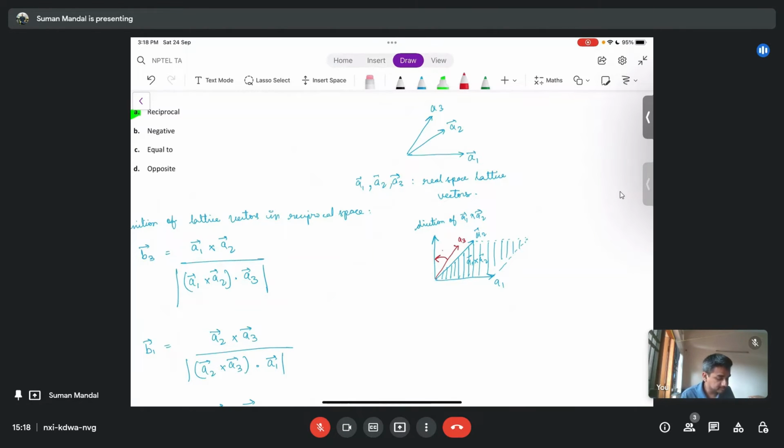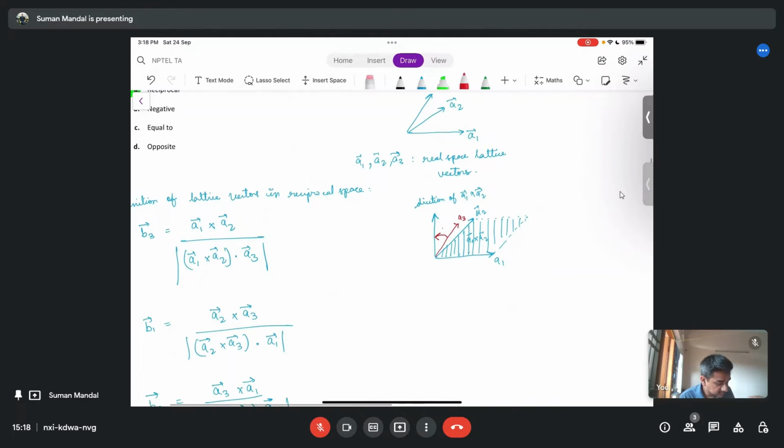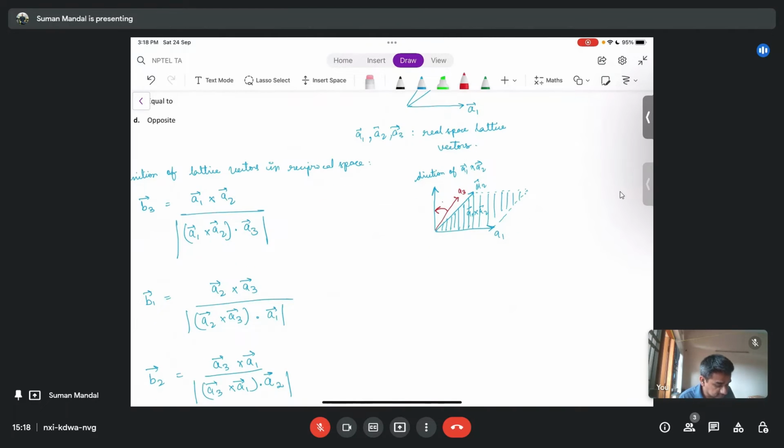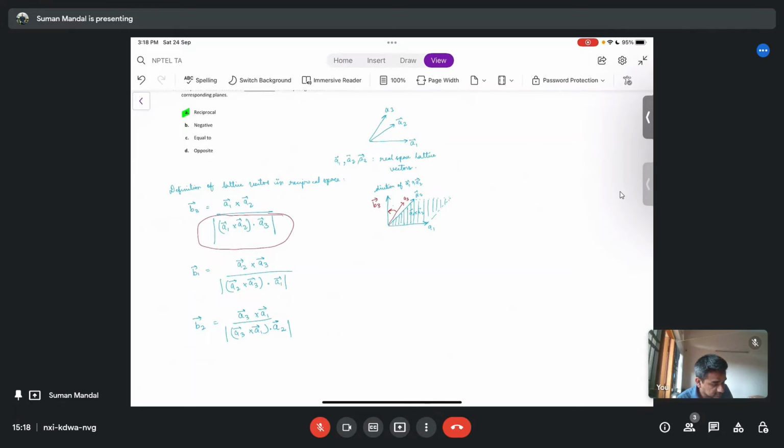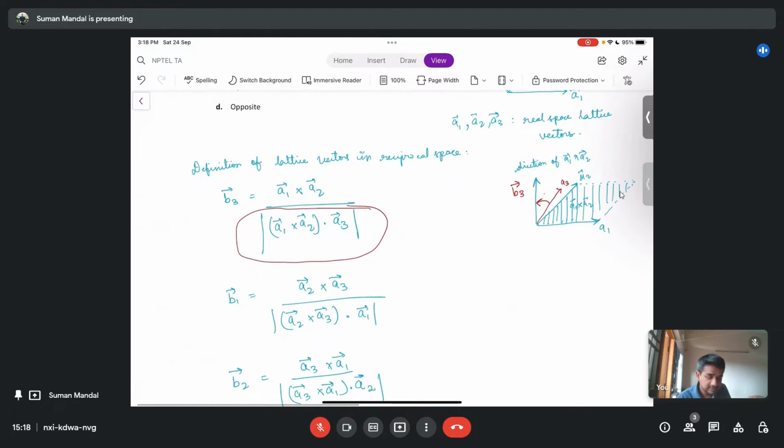So what we get is the dot product, and this becomes the direction of b3. And then it's a dot product, and it's in the denominator. This term is basically a formula for calculating volume in the vector space.